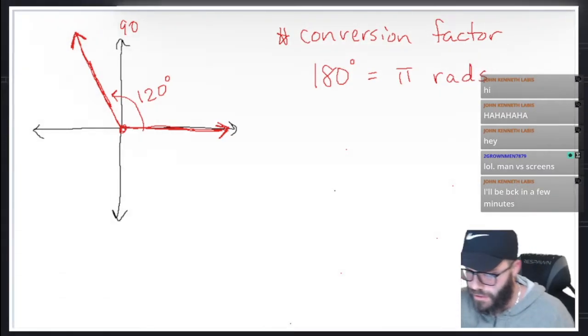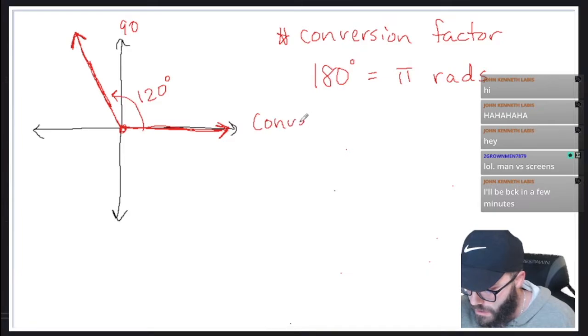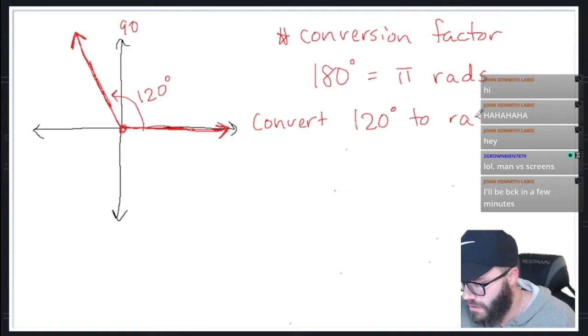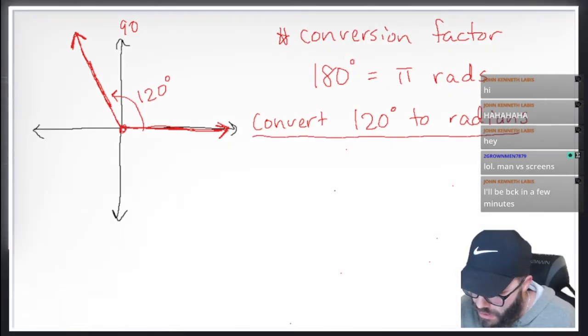So if I want to convert 120 degrees to radians, what I would do is take 120 degrees.